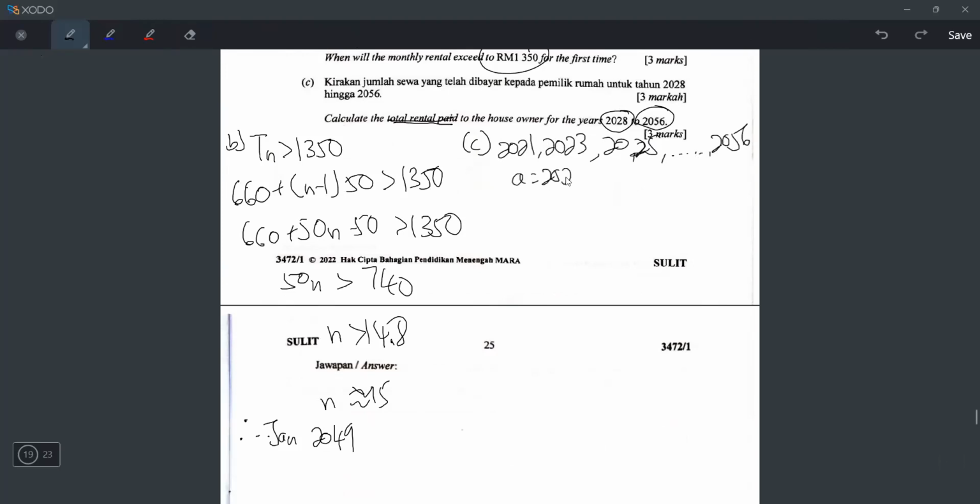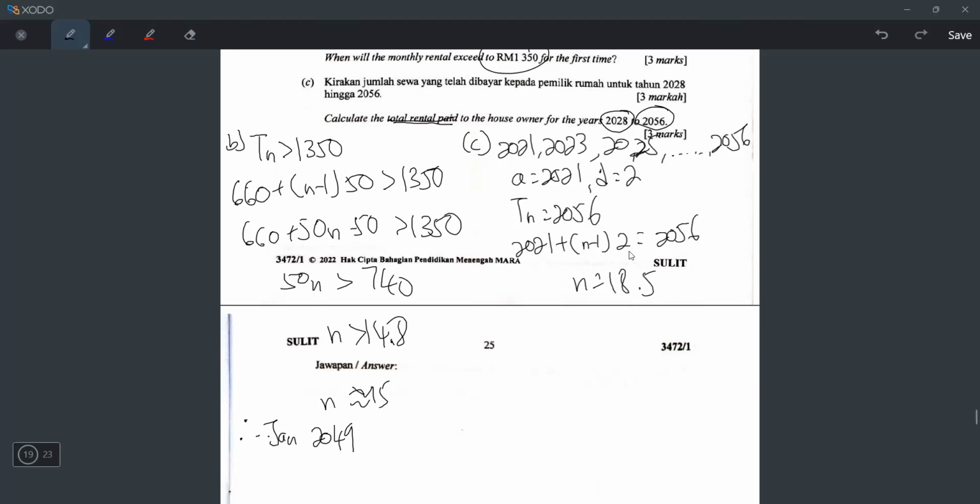So A is 2021, D is 2, and Tn equals 2056, so A plus (n minus 1)D: 2021 plus (n minus 1) times 2 equals 2056. Now I will find n. I press 2056 minus 2021, then divide by 2, then plus 1. So I get 18.5.